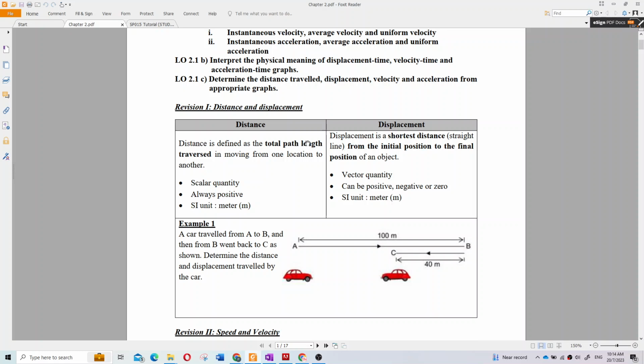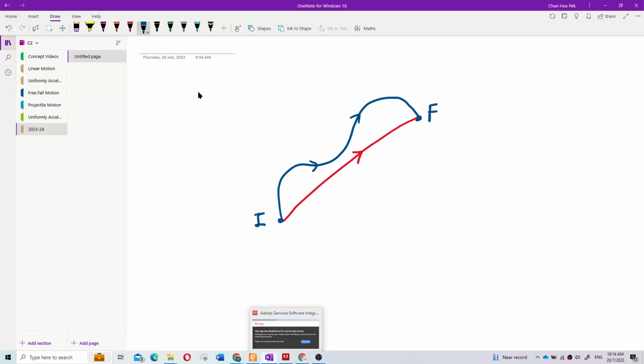Look at here. Distance is the total path length from one location to another. You can make notes, class. Distance is the total path, the longest path.